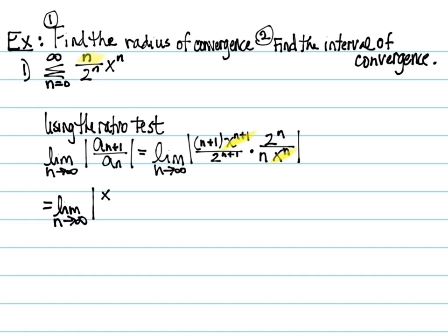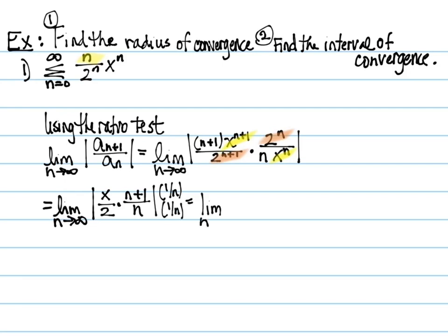How about the 2 to the n parts? I'm just going to have a 2 on bottom. And what else do I have? Oh, the other parts that don't simplify, right? All right, don't go canceling those n's out. Y'all know better than that. The good news is that at this point, you do know how to simplify the n parts of this. We've been doing lots of limits long enough to know that this would be multiplication by 1 over n, right?